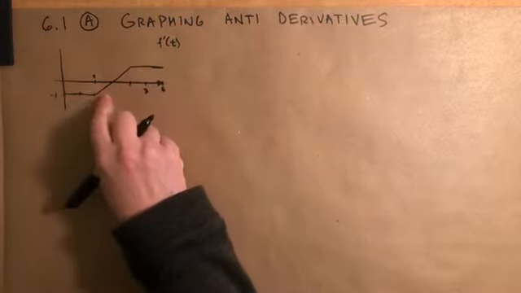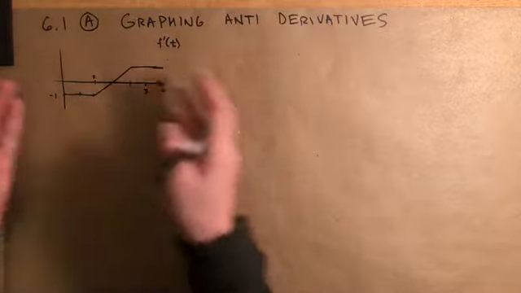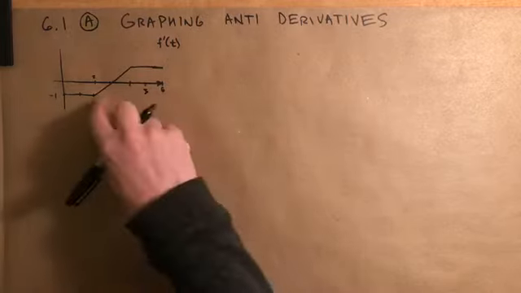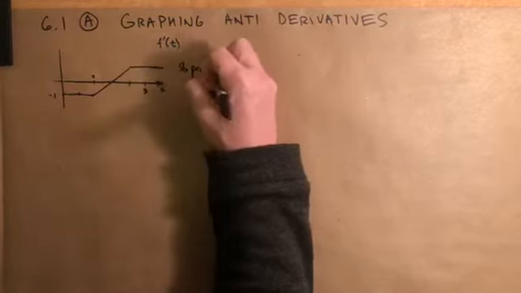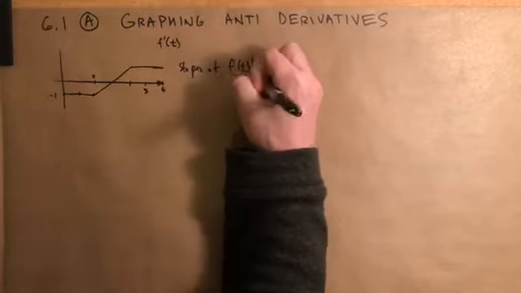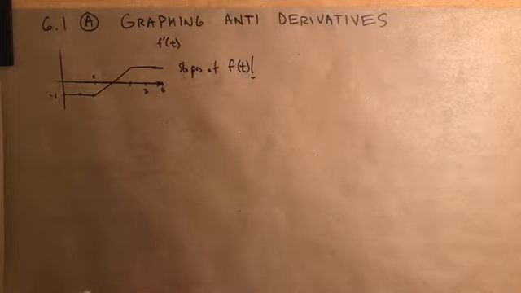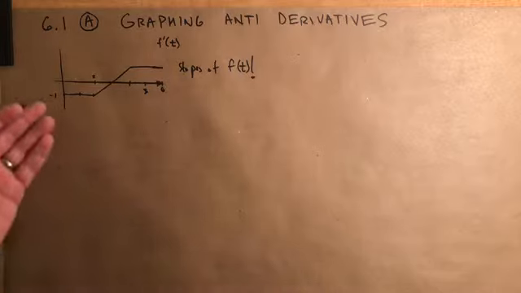Now, this is a derivative, isn't it? And so what I'm going to do is try to take this information that we have and construct the parent function f of x. We have to keep in mind that these are slopes. But unfortunately, what I don't know is exactly where to start, because I could have an infinite number of shifts of f of x, up or down, and that wouldn't change the slopes at all.